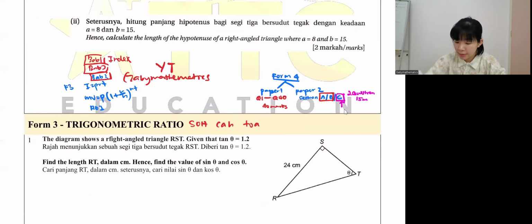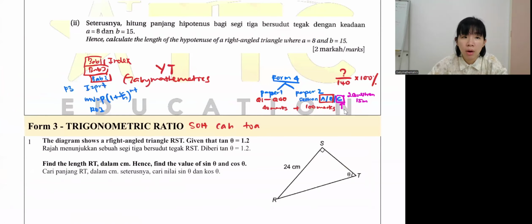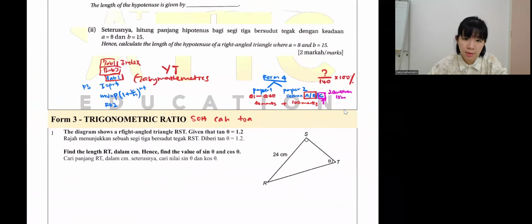Okay, bahagian A, B, C total 100 marks. So total up these 2 papers, 140 marks. For the exam, your teacher will total up paper 1 and paper 2 over 100 times 100 to convert to your marks.